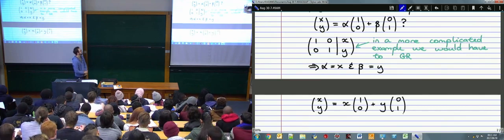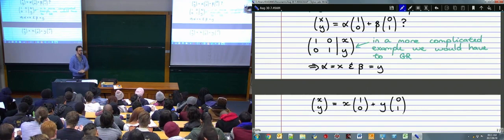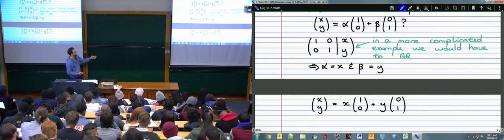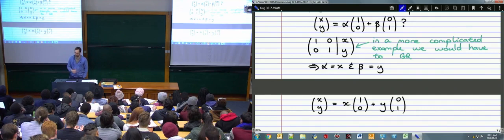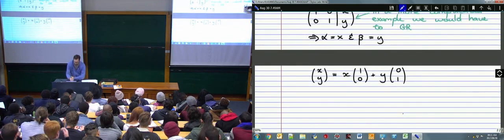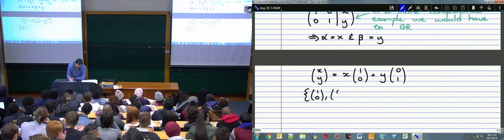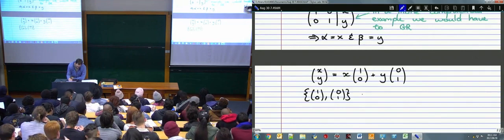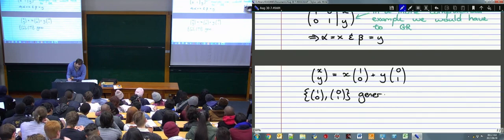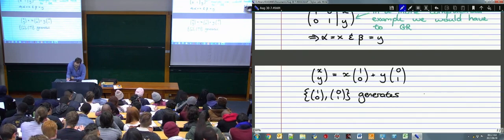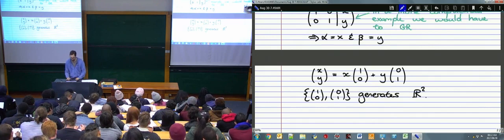So an arbitrary vector (x, y) can be written as a linear combination of (1, 0) and (0, 1) in the following way. And we can conclude that this set here generates R2.